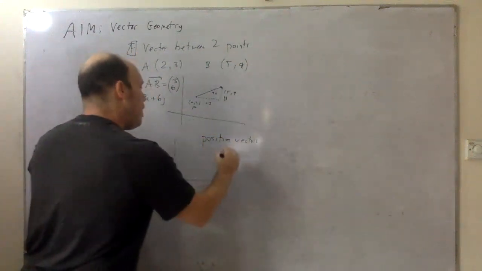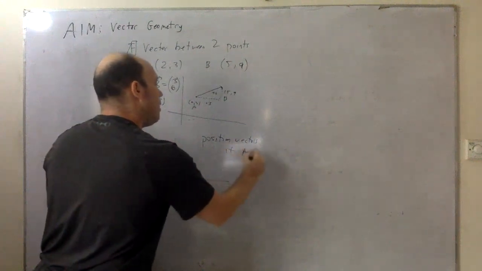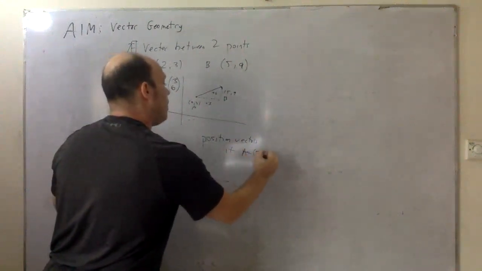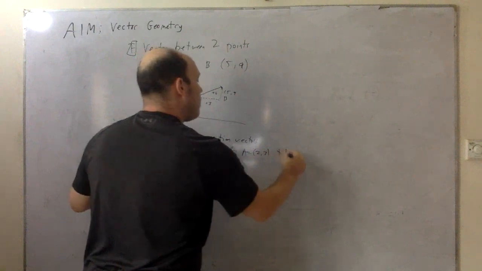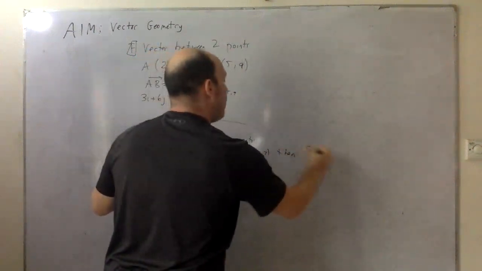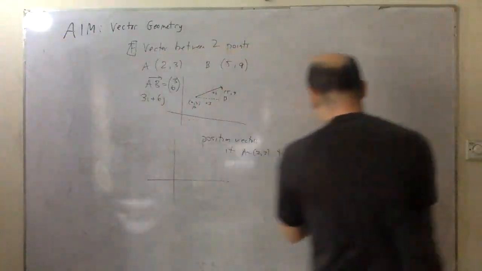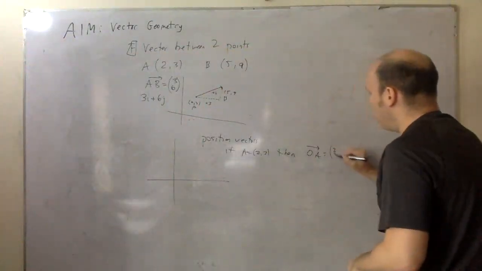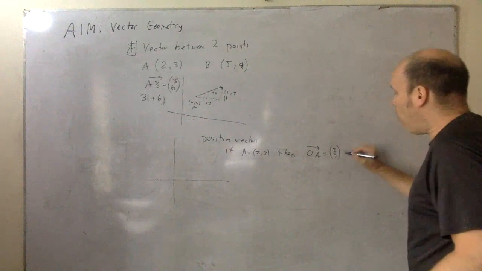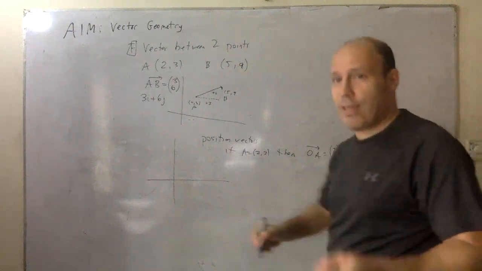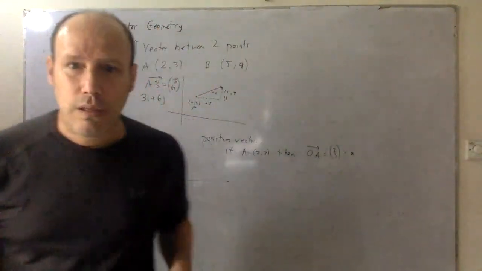If point A is (2, 3), then we're going to call OA, starting at the origin and going to point A, vector (2, 3). And we can call this little a, right?